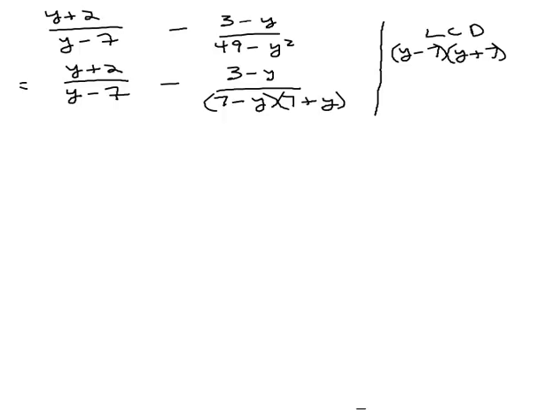But what about the other factor, 7 − y? We said that's the opposite of y − 7.